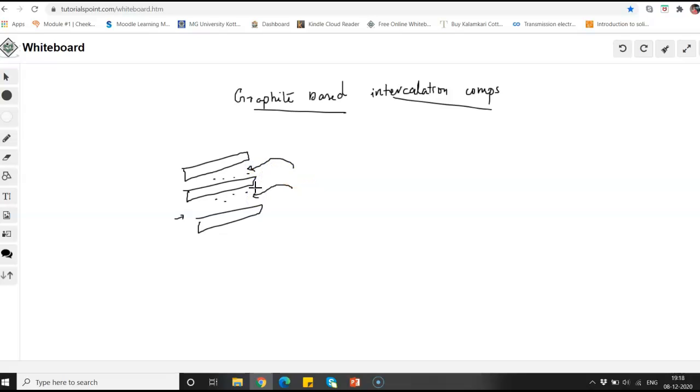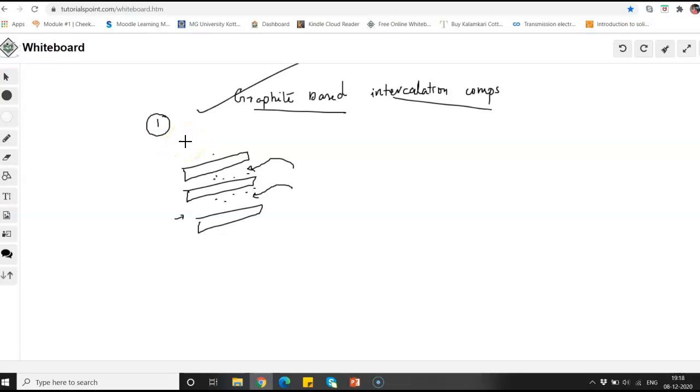You can make sandwich kind of compounds in the case of graphite also. Graphite based intercalation compounds are an important field of intercalation compounds. The main reasons are, first, its easy layered structure, and second, the possibility for electronic interaction between the incorporated atoms, molecules or ions and the electron cloud of the graphite.